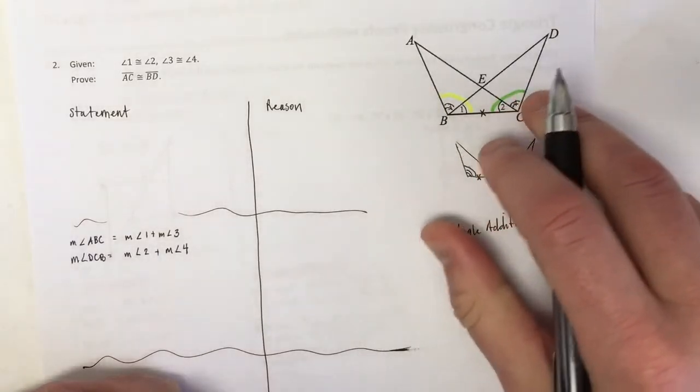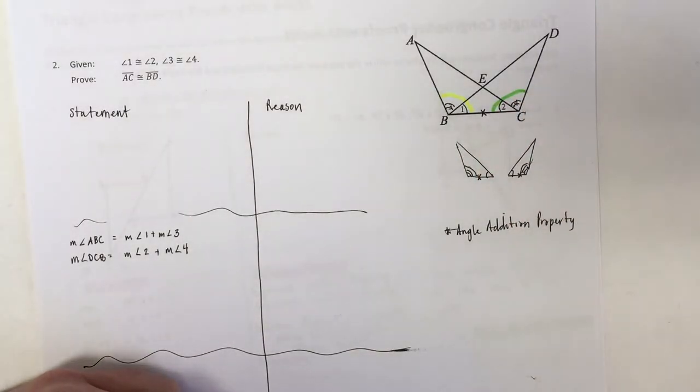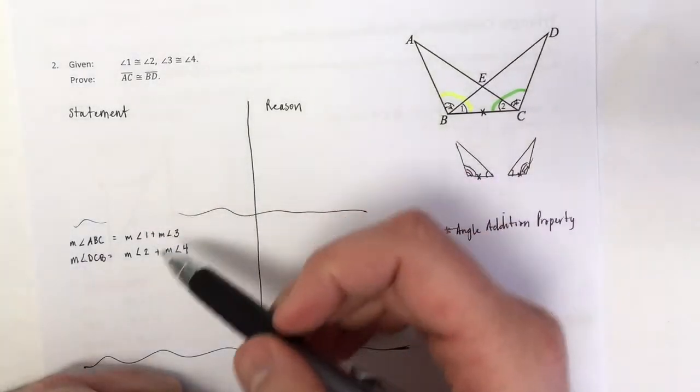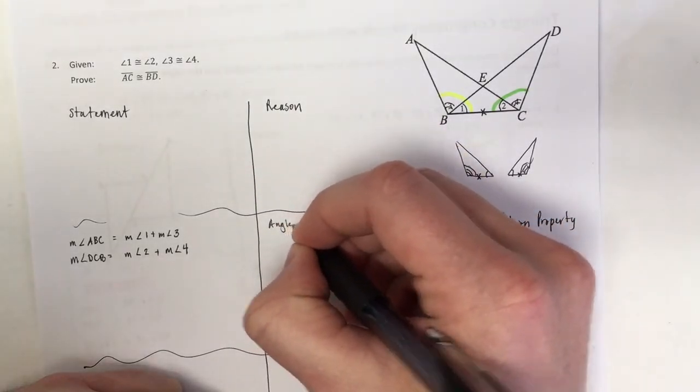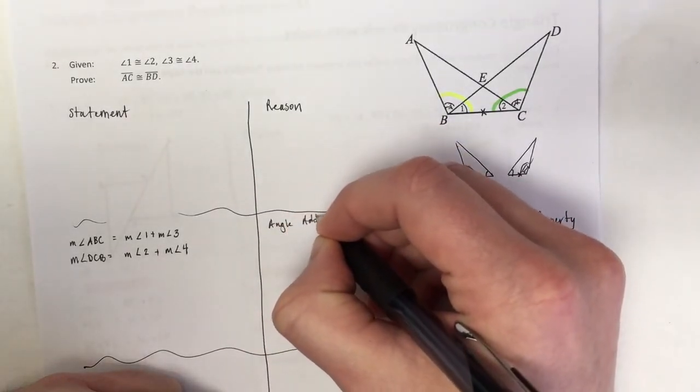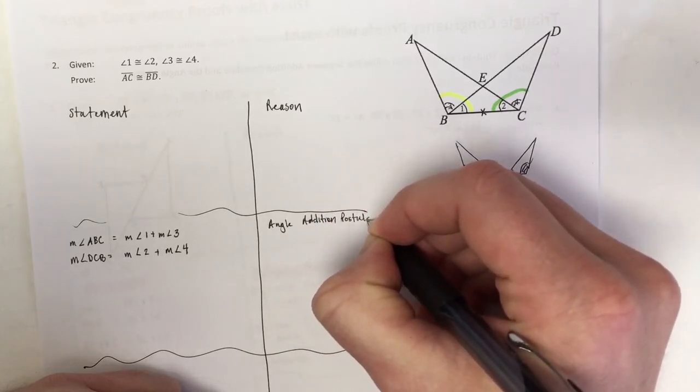And you can see that over here. Drawing the picture separate may help you if you can be very accurate with your drawings. So this would be the angle addition postulate.